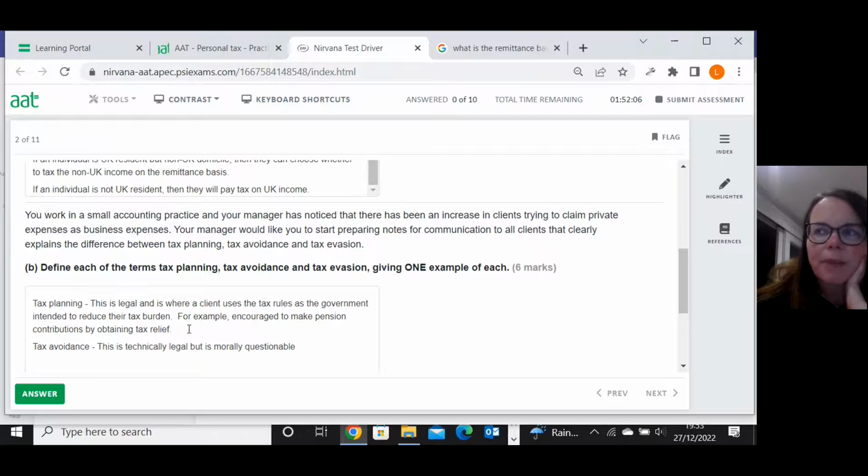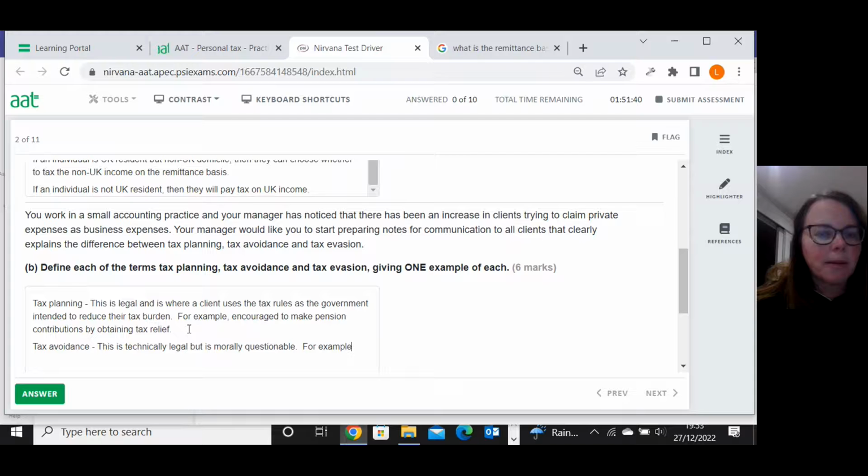Used to see it a lot. A person running a business, and their spouse, with nothing to do with the business really, would get a wage from that business, reducing the tax burden of the business and using up personal allowances and lower rates of tax when really it was the other person's money. So technically legal, but morally questionable.